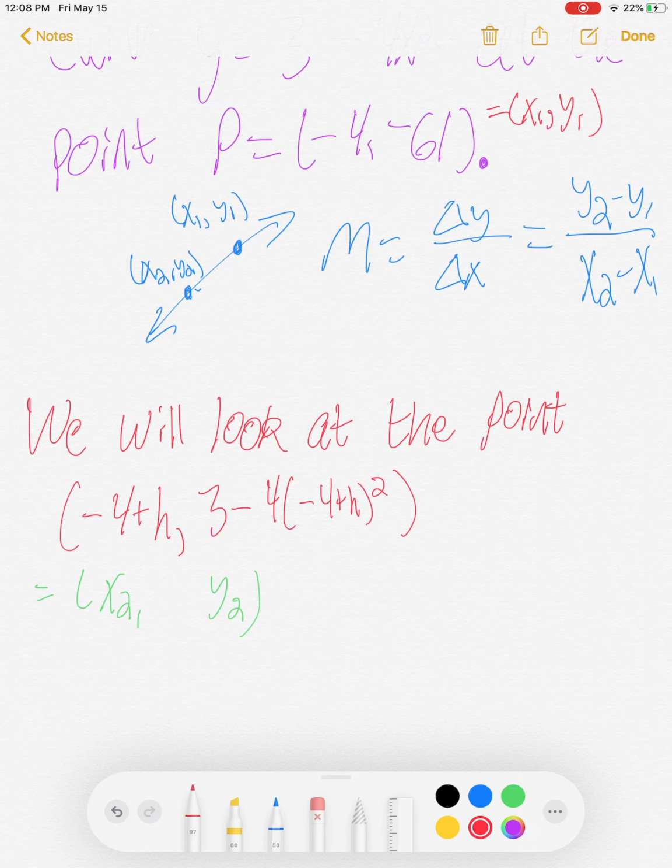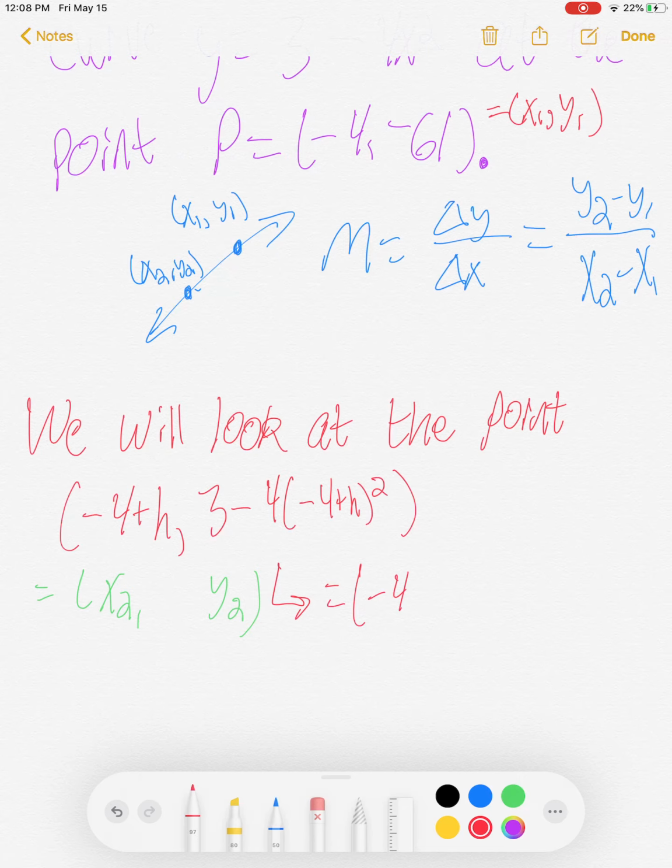Now h here is just some variable, right? It's just kind of a dummy variable just sitting there. The point is that eventually what we're going to want to do is look at what happens as h gets really, really tiny, really, really close to 0.